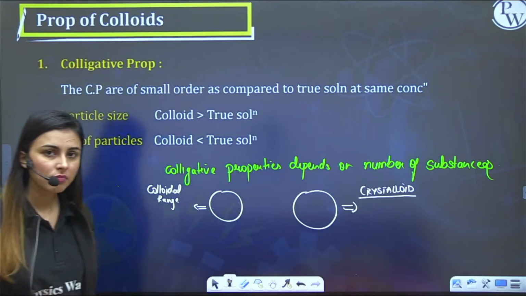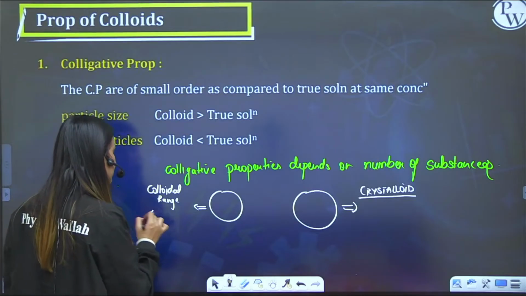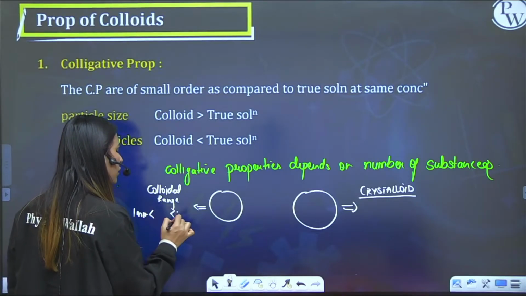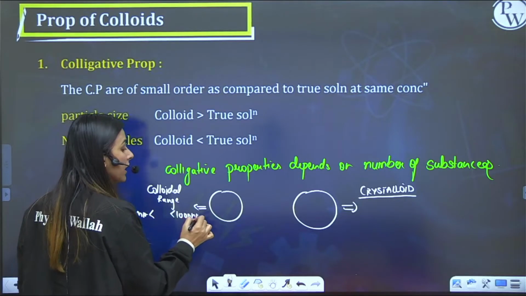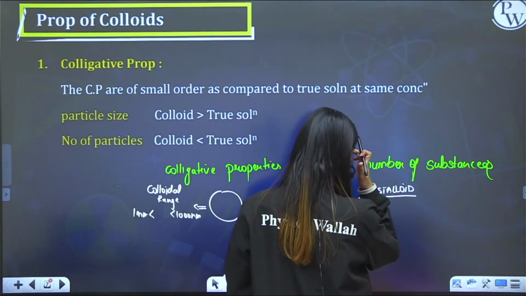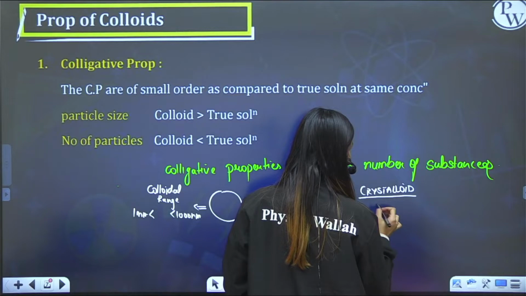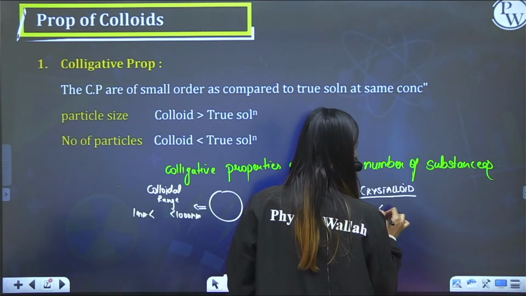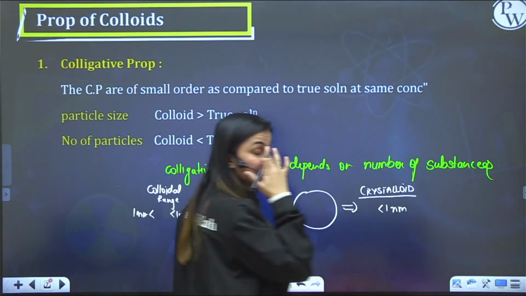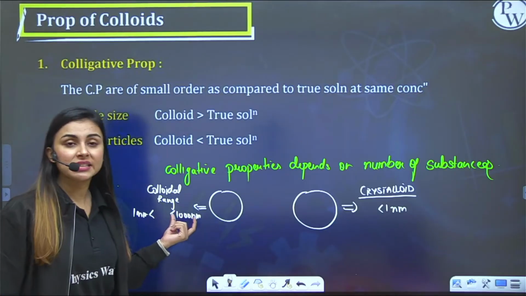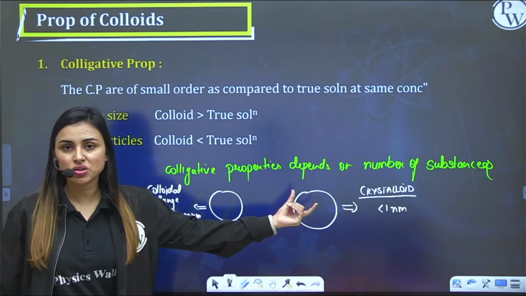Now, you know that the colloidal size is from 1 nanometer to 1000 nanometer. And you know that the crystalloid size is actually less than 1 nanometer. So here the size range is more and here the size range is less.